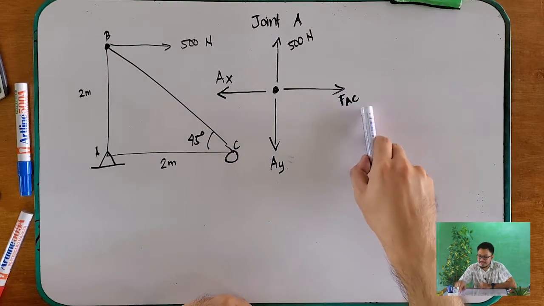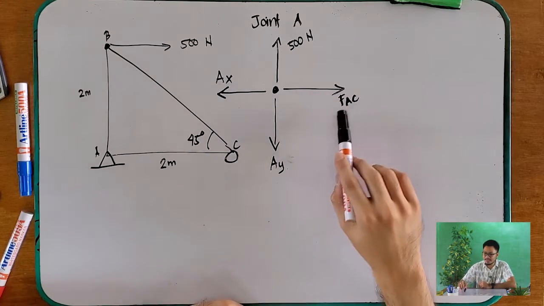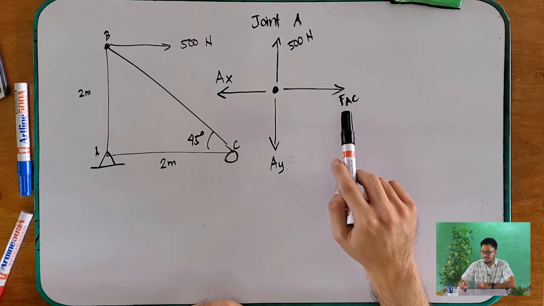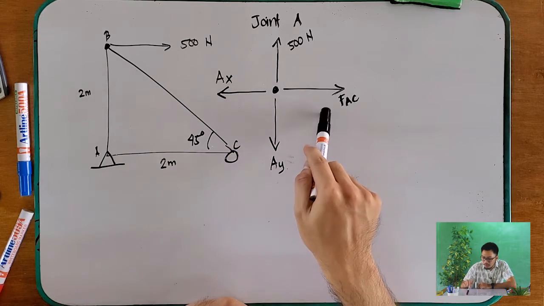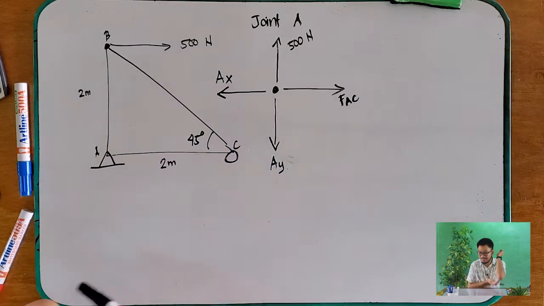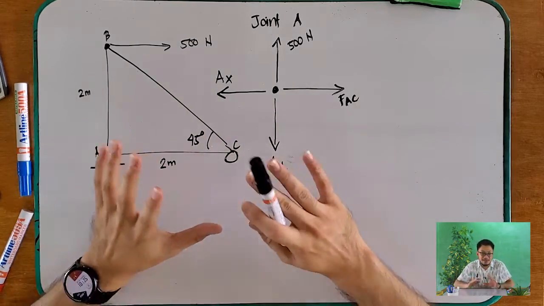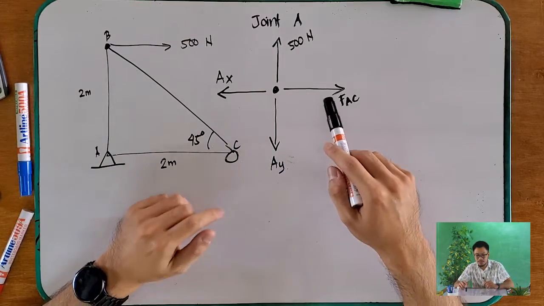Can you solve FAC using this joint? No, because if you're going to sum the forces along the X, FAC is equal to AX. And you don't know the forces of AX and AY and FAC. You have three unknowns here. So, I would not suggest you to choose joint A.